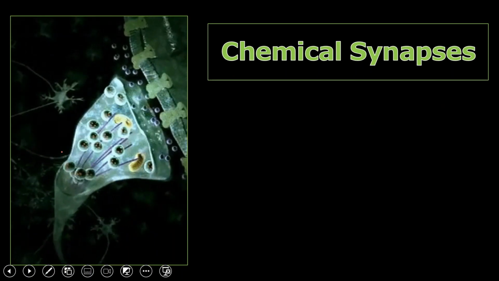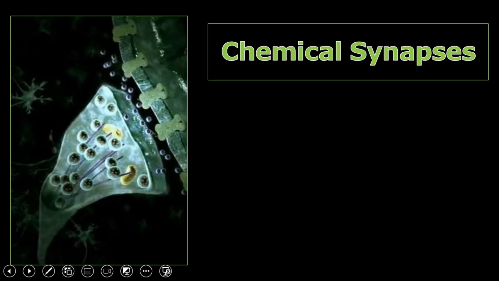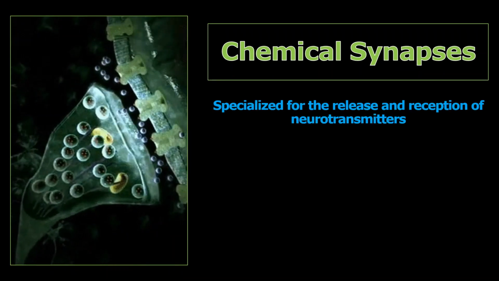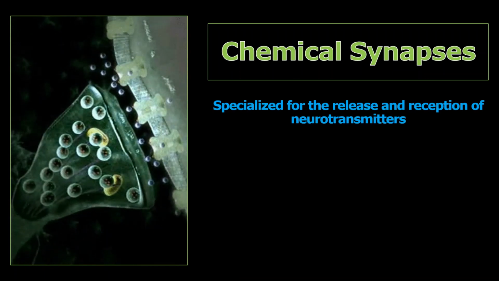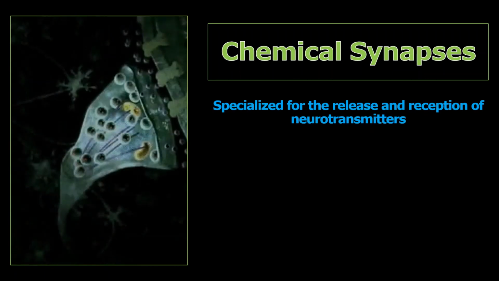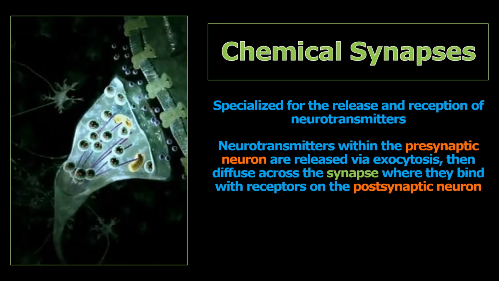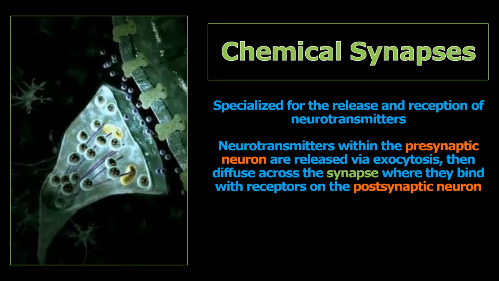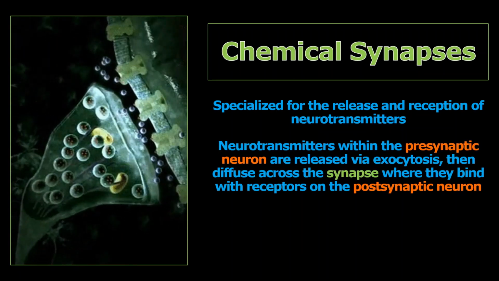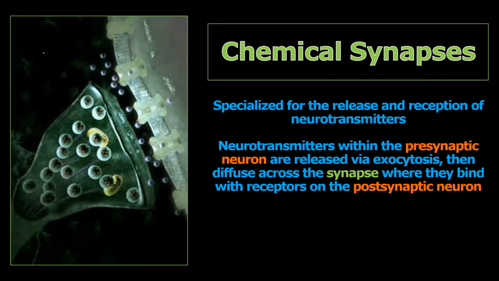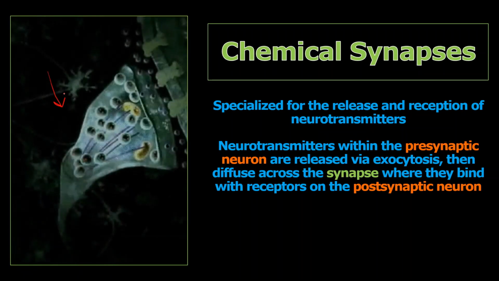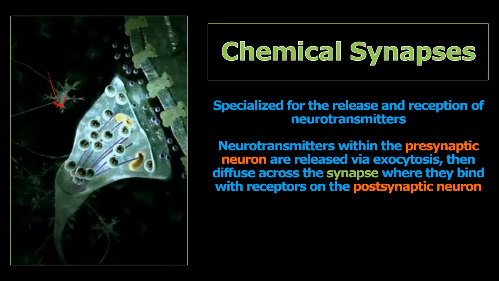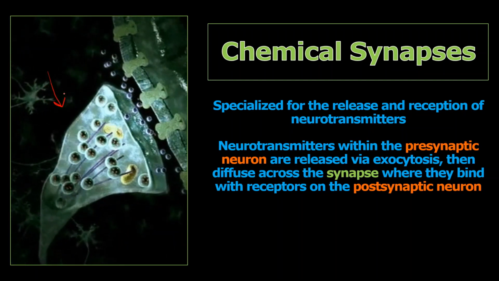Now, these are chemical synapses. There will be some other types we'll learn a little bit later. But because these are specialized to create and store and release and receive neurotransmitters, these are chemical types of synapses. So we're going to create the neurotransmitter and move it down to the terminal end of the presynaptic neuron.